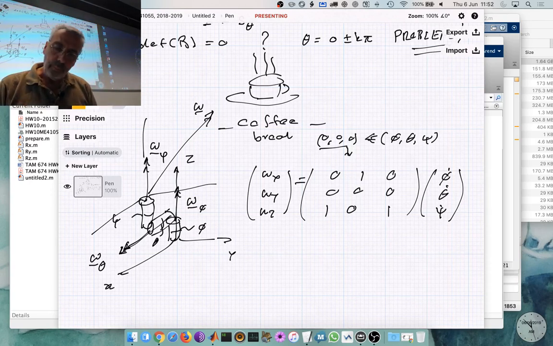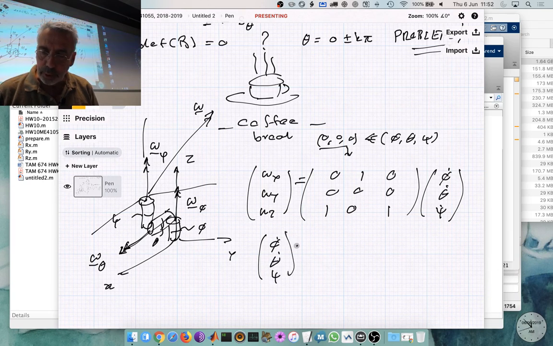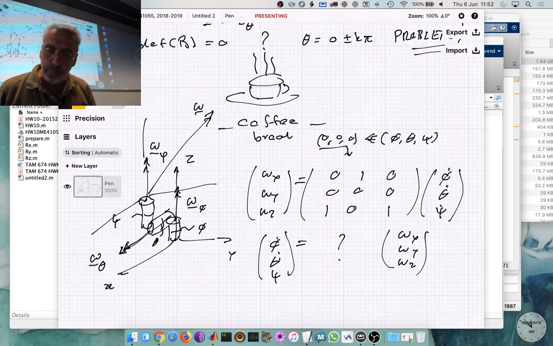Okay. Now looking at this matrix and looking at the figure, I know what is going on. Because if we want to write the inverse of this one, phi dot, theta dot, psi dot is something with the omegas, omega x, omega y, omega z, we see that it's sheer impossible, for instance, for these omegas to have a contribution which is outside this xz plane.